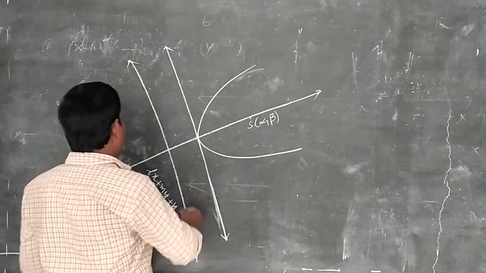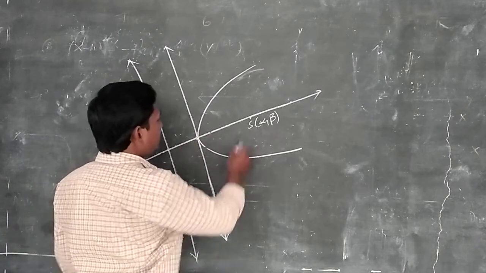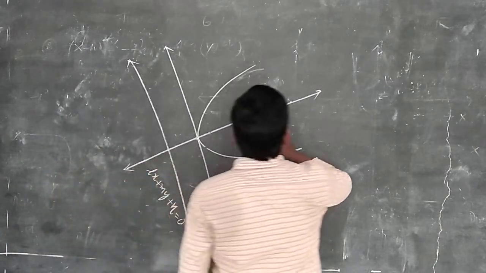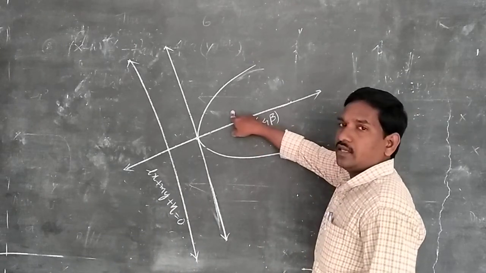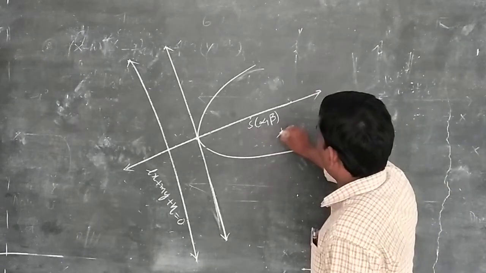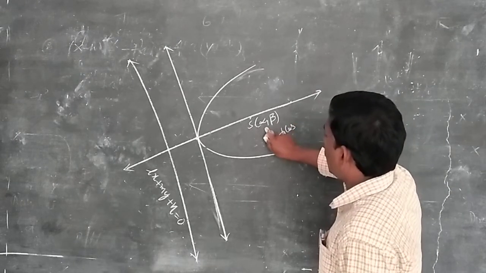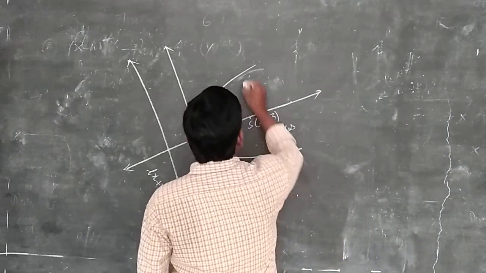Here, S equal to (alpha, beta). The parabola is having the focus (alpha, beta).